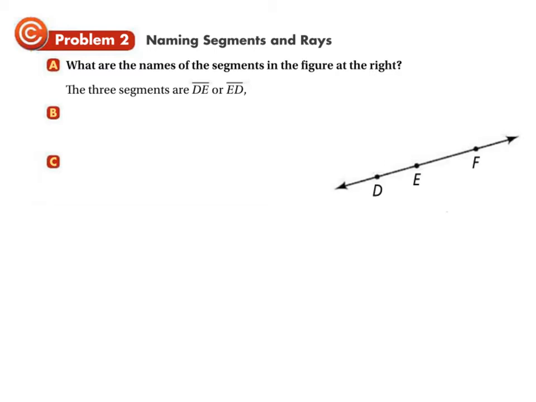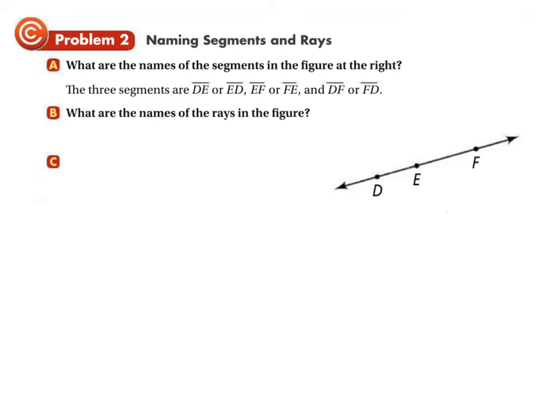DE or ED. We could also start at this point right here and go in this direction to here, EF, or start there and go backwards to this section, FE, so segment EF or segment FE. And of course, we could go the whole distance here from D to F or from F to D, that whole segment there. So we can call that DF or FD.